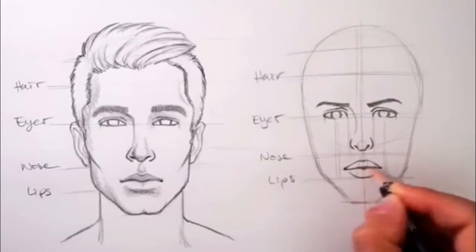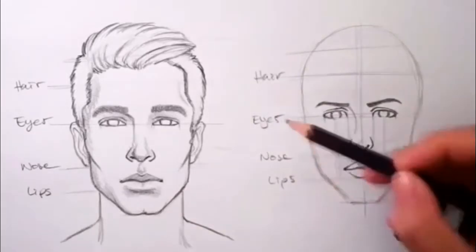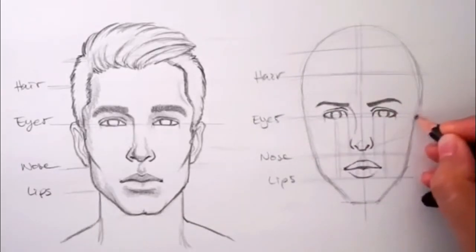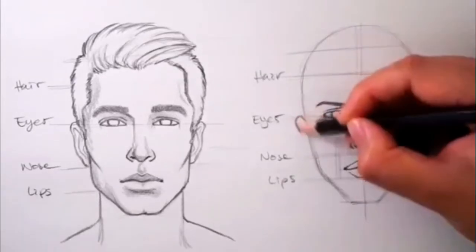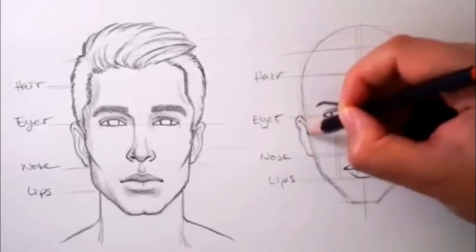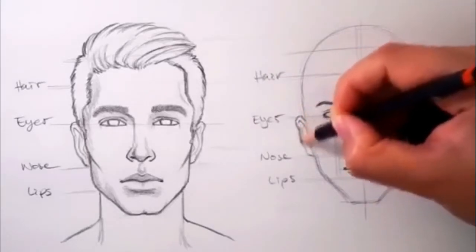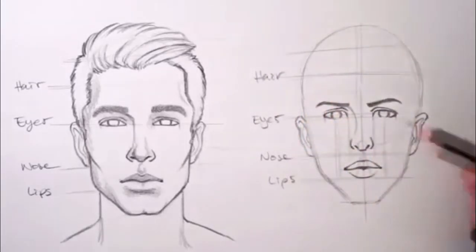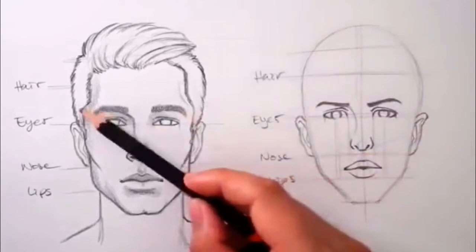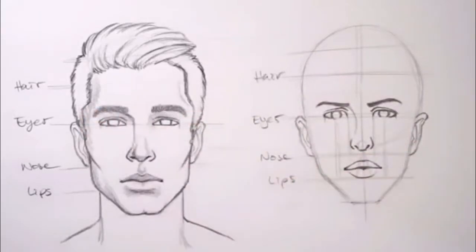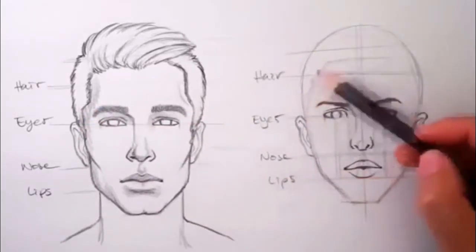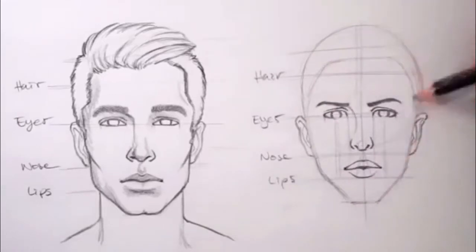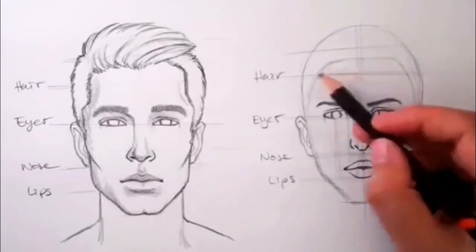For the ears, draw them roughly between the eyes and the nose. Now, moving on to the hairline. Females have softer, less defined hairlines, so let's draw a smooth line around the top portion of the head, giving the forehead a rounded shape instead of a rectangular one.